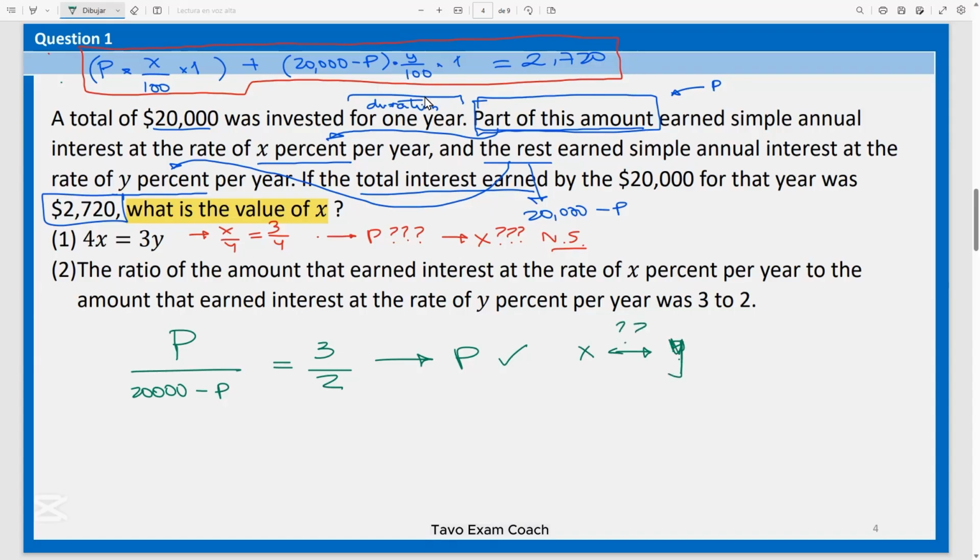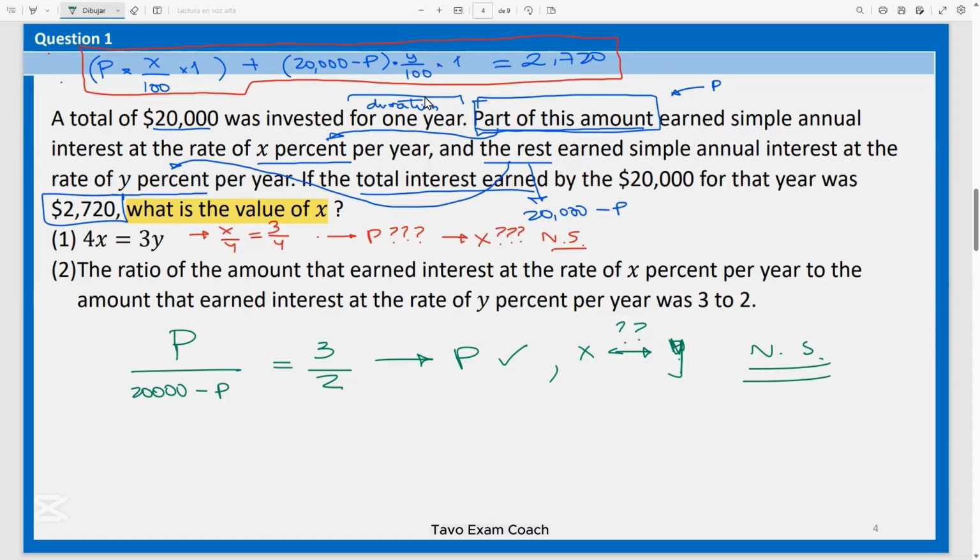I have no way to write one in terms of the other because I don't know any other relationship. Then you have a single equation with two variables that may represent decimals. Why not? So clearly, we don't have a unique answer for X. So not sufficient. Okay, statement 2 alone is not sufficient.